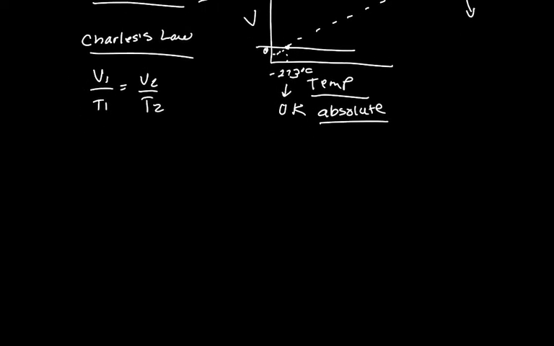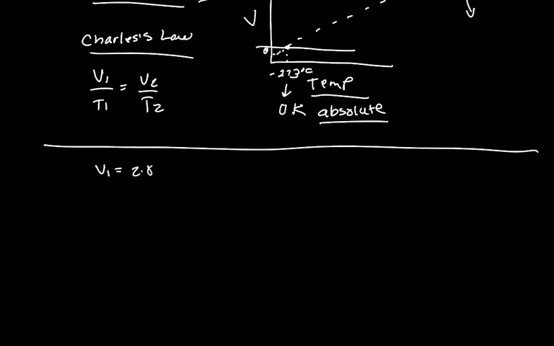A sample of gas has a volume of 2.8 liters. So volume 1 is 2.8 liters, and an unknown temperature 1.